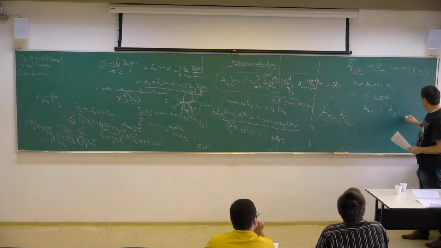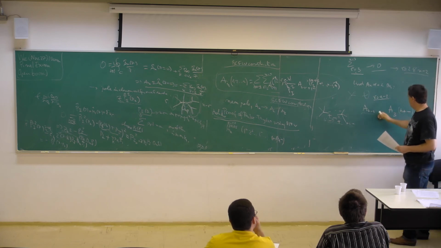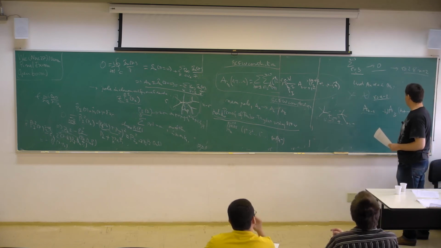And then this one will have minus for n, plus for n minus 1. And then in here I can have h, and in here minus h.